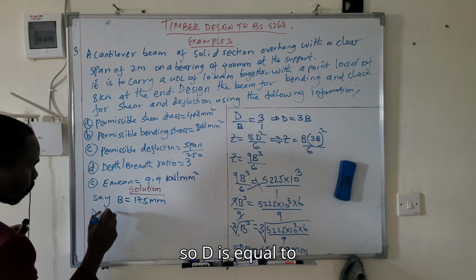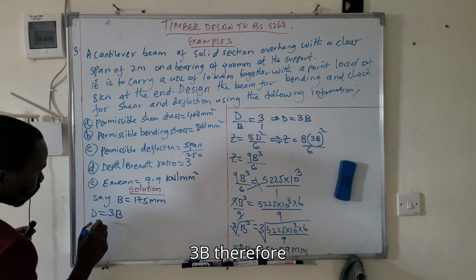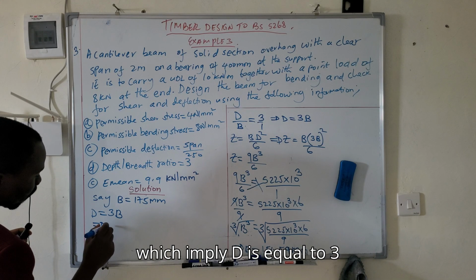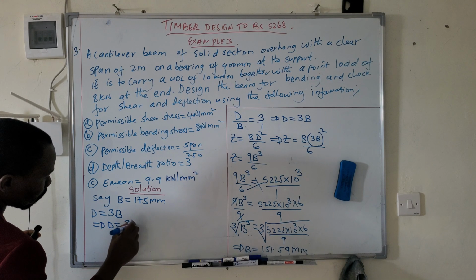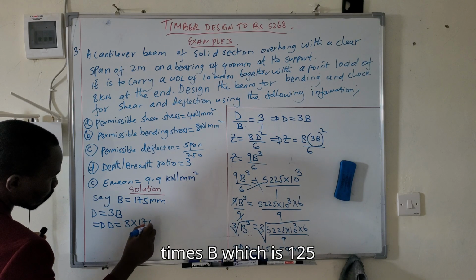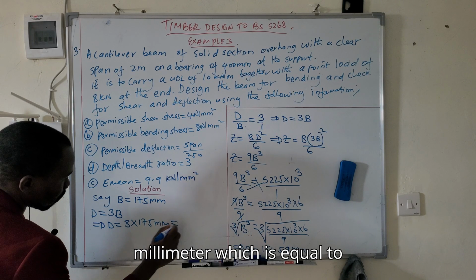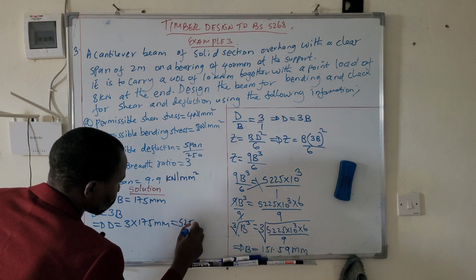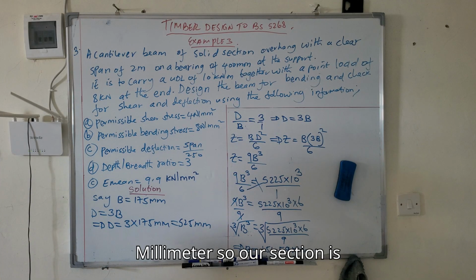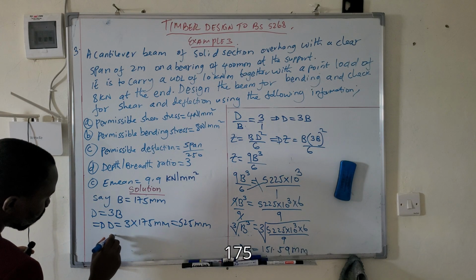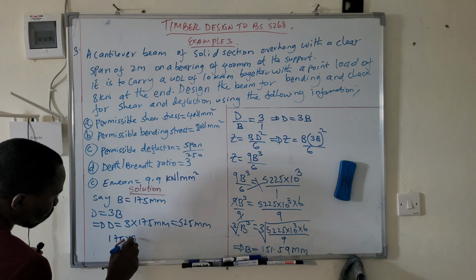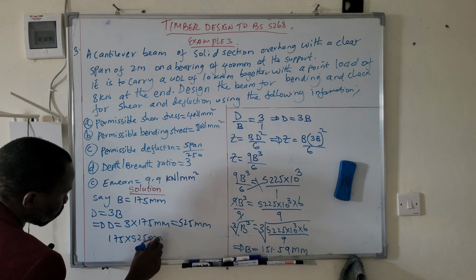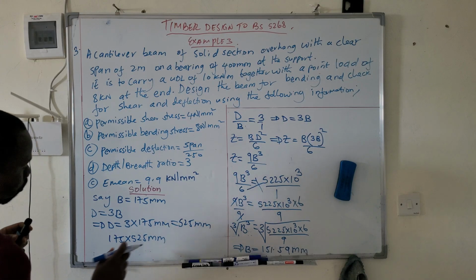So D is equal to 3 times B, which is 175 millimeter, which is equal to 525 millimeter. So our section is 175 times 525 millimeter. So this is bending.